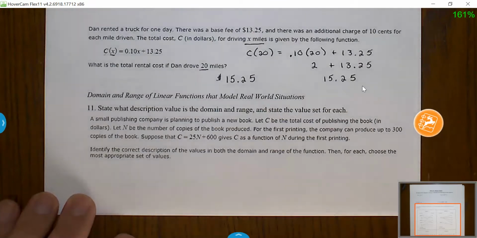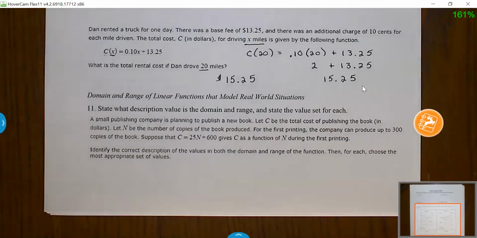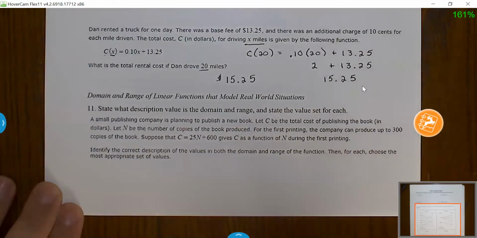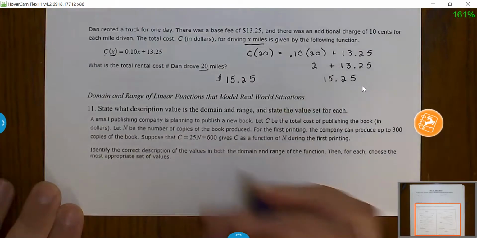Identify the correct description of the values in both the domain and range of the function. Then for each, choose the most appropriate set of values. I believe on Alex, this is a multiple choice for you, but we're going to go through how to do it. So the domain. So what are we plugging in? What is dependent here?